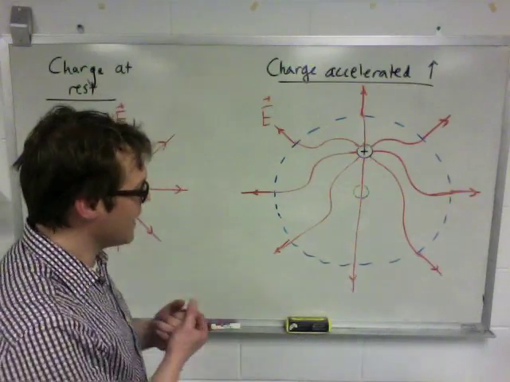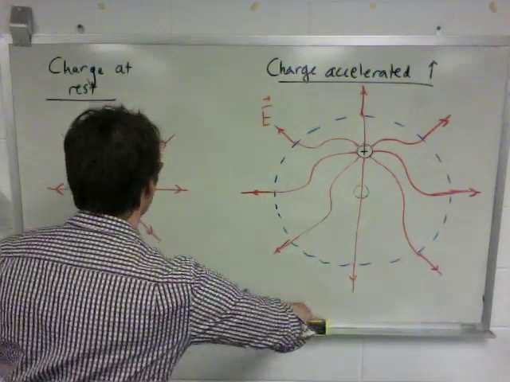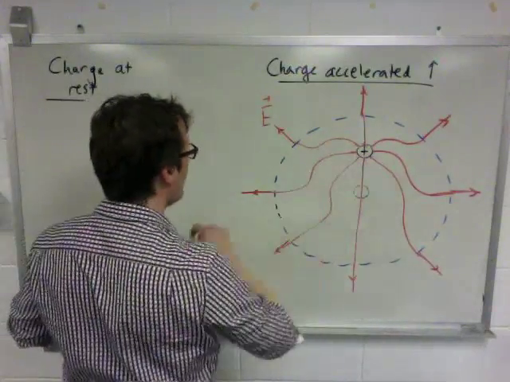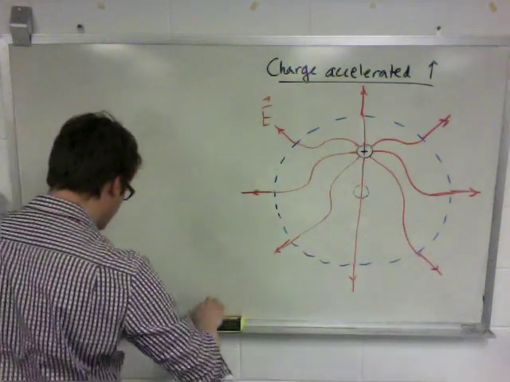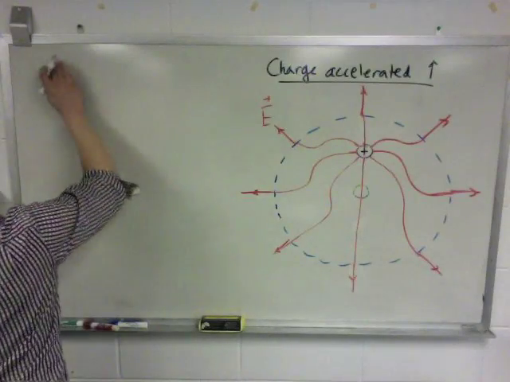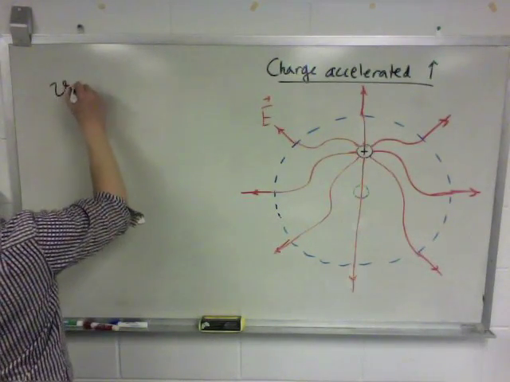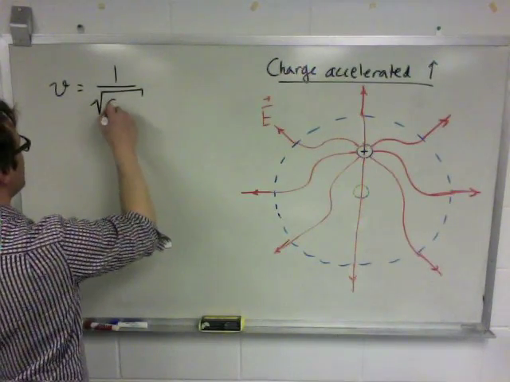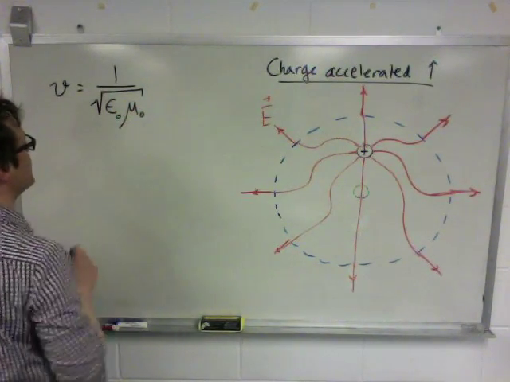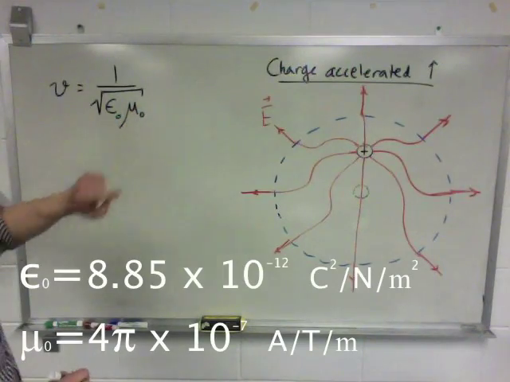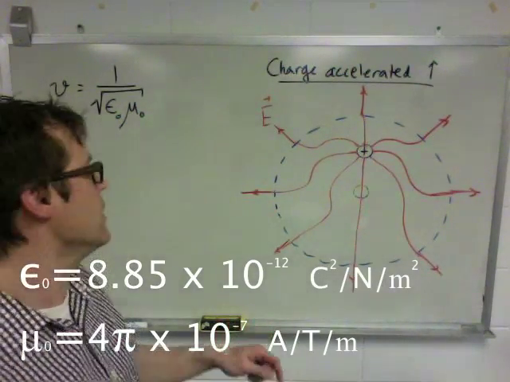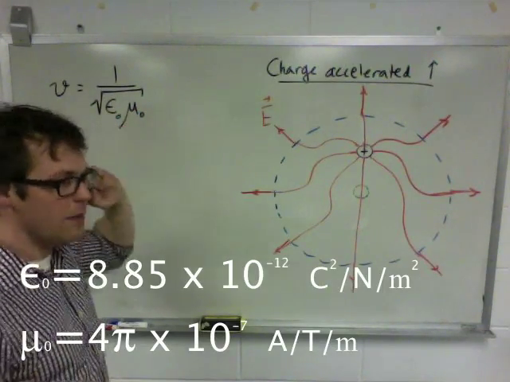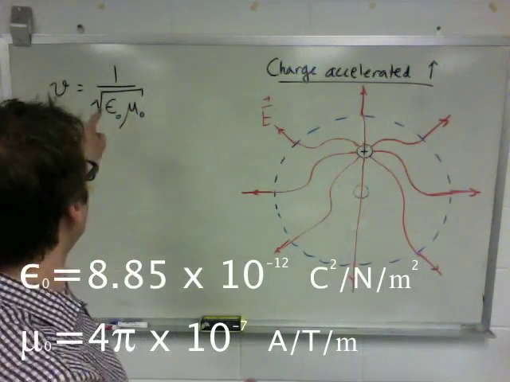I'll spare you the math, like I said, but it turns out that you can calculate the speed at which this little wiggle propagates. If you apply Maxwell's equations rigorously, you find that that speed works out to be 1 over the square root of epsilon 0 mu 0, where epsilon 0 and mu 0 are the constants that we all know and love, the permittivity of free space and the permeability of free space.